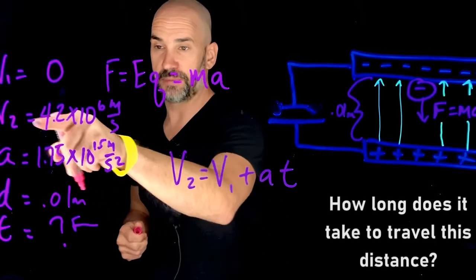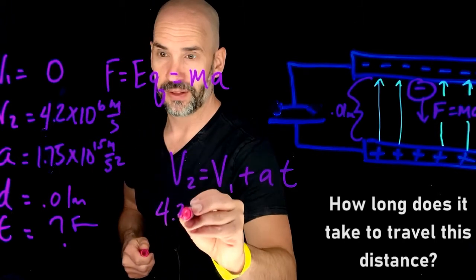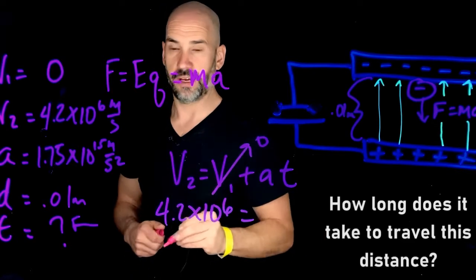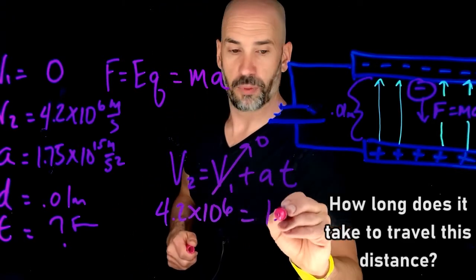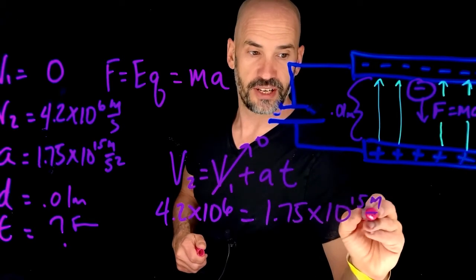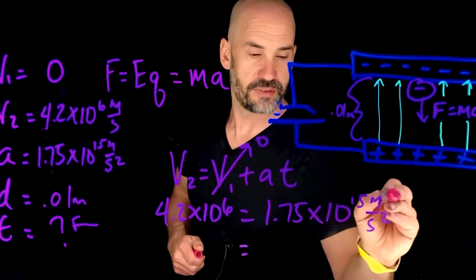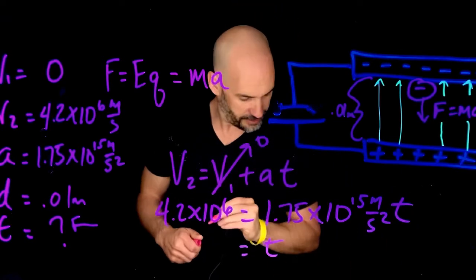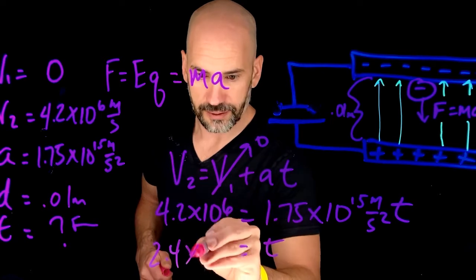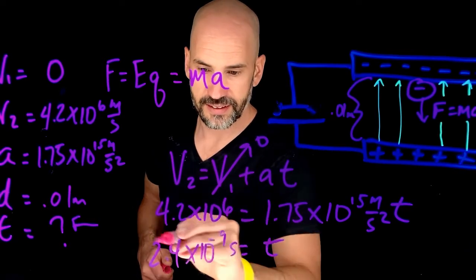Right, because now I can just take my V2 here, my 4.2 times 10 to the 6th equals, V1 is 0, right? My acceleration is 1.75 times 10 to the 15 meters per second squared times t, which means my t must be, I get an answer of 2.4 times 10 to the minus 9 seconds.